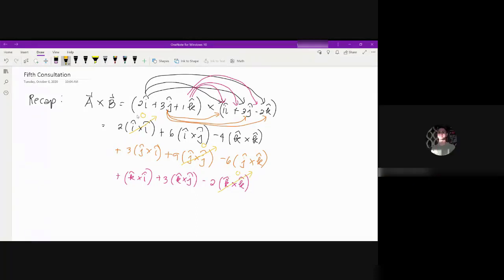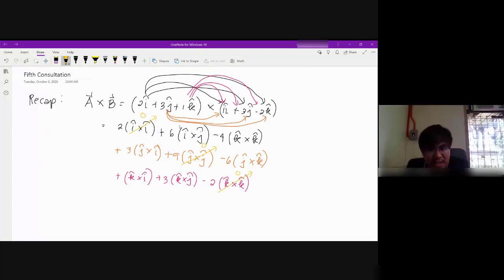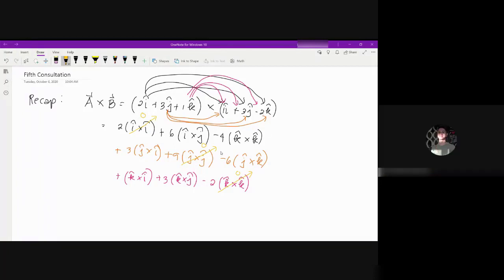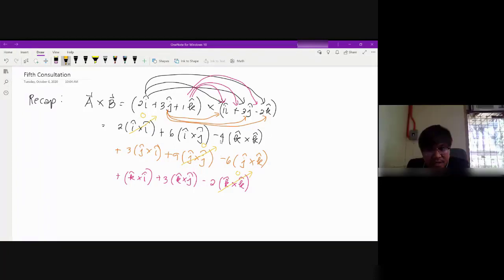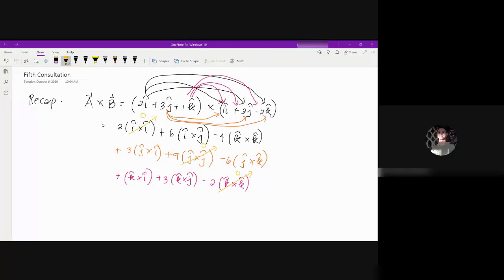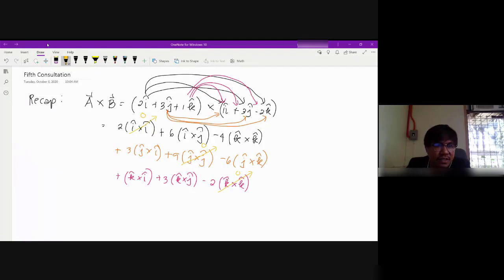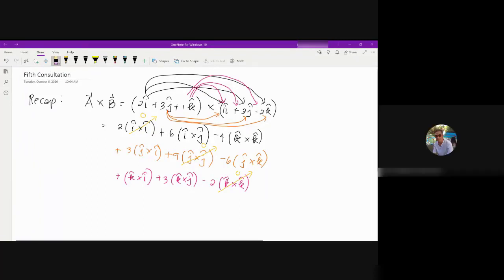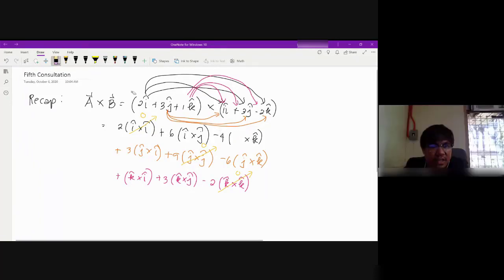Sir. Yes? Katong sa I hat, sir, katong sa negative 4 kay nagdoble ang K hat, sir. Asa nga term? Negative 4, sir. Negative 4. Na-cross, this one. Okay, sorry. So this is not okay. So this is I, until okay. Thank you.